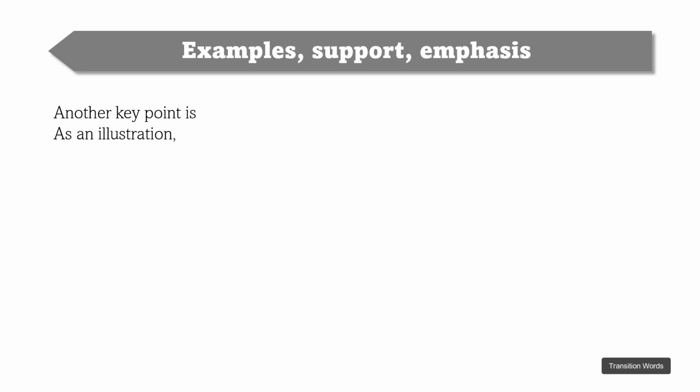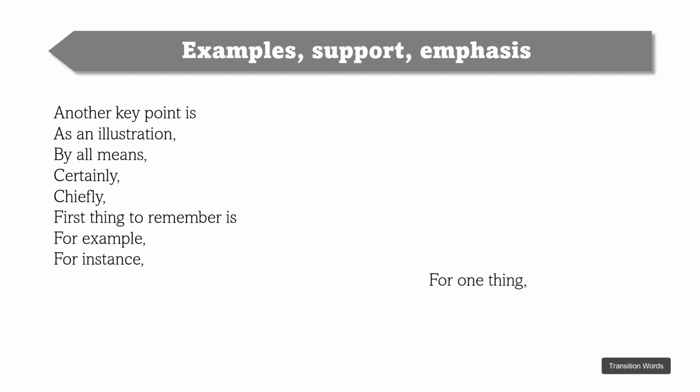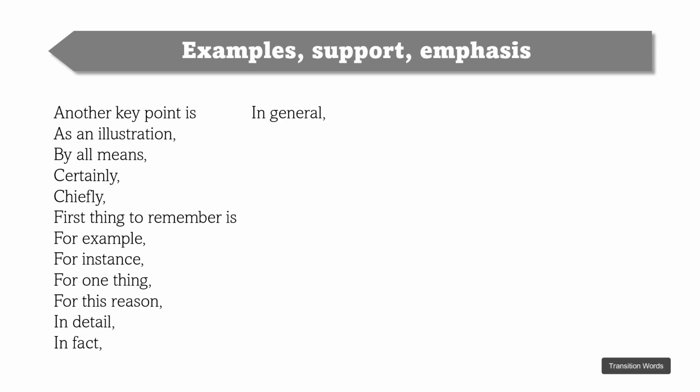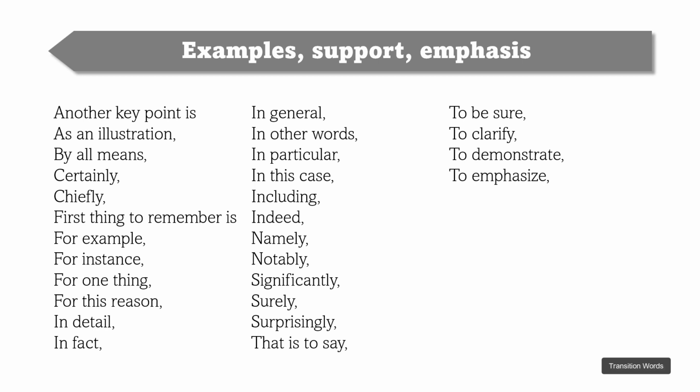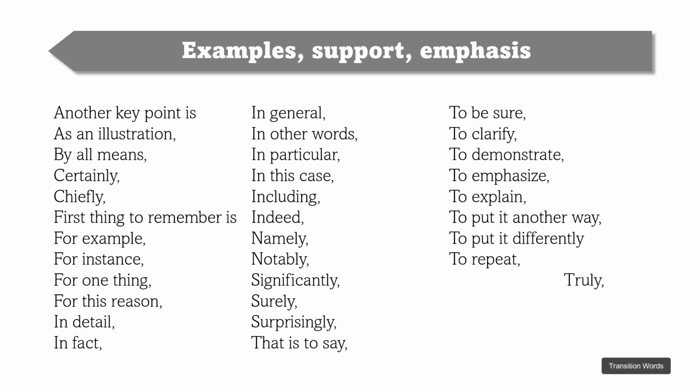Another key point is, as an illustration, by all means, certainly, chiefly, first thing to remember is, for example, for instance, for one thing, for this reason, in detail, in fact, in general, in other words, in particular, in this case, including, indeed, namely, notably, significantly, surely, surprisingly, that is to say, to be sure, to clarify, to demonstrate, to emphasize, to explain, to put it another way, to put it differently, to repeat, truly, with attention to, and with this in mind.